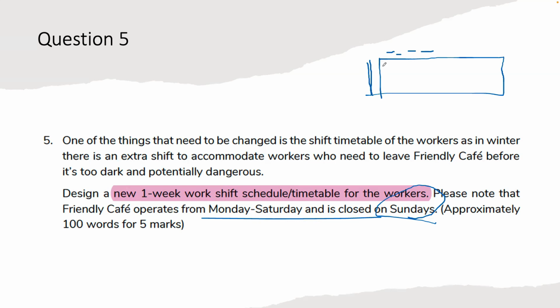Or another one would be Monday, Tuesday to Saturday running across, and then you have the different shifts: shift 1, shift 2, shift 3 running down like this.